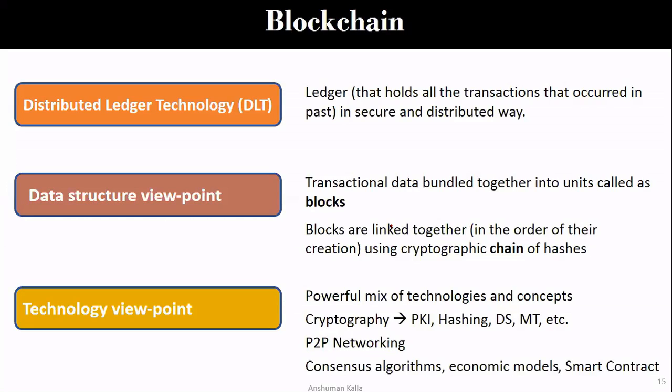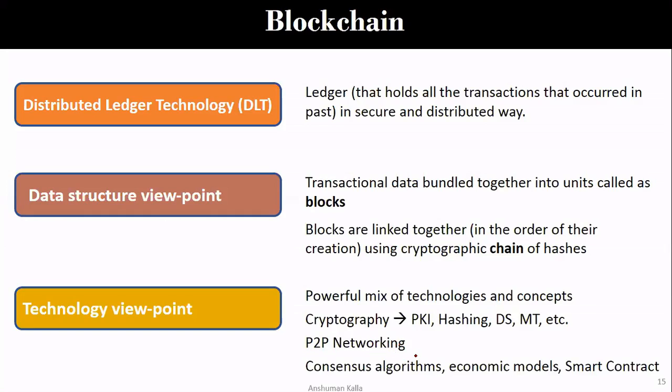Also, it makes use of another technology called peer-to-peer networking, where nodes are connected at an application layer, at an application level. So this is what is called peer-to-peer networking. The other concepts used for creating blockchain technology include the consensus algorithm, right?